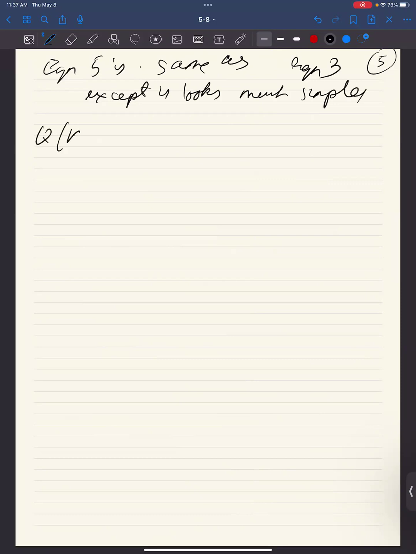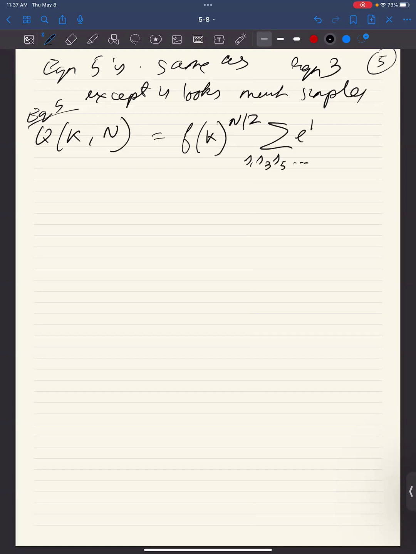So what I just showed, equation 5, is that q of k comma n is equal to f of k to the power n by 2 multiplied by the summation over s1, s3, s5 of e to the power k prime times s1 s3 plus s3 s5 plus dot dot dot. Can I think of this summation in terms of a partition function?